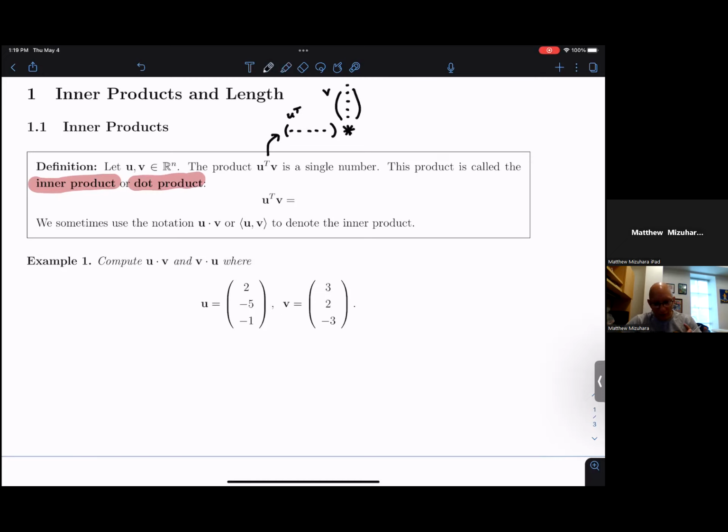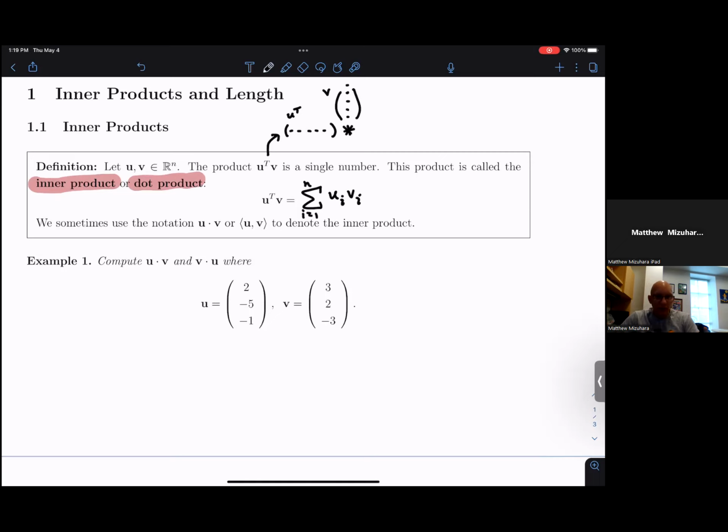So just writing down a formula for this, if my vector u is given by u1, u2, and so on, and v is v1, v2, and so on, then this inner product, this dot product, is the sum from i equals 1 to n of ui times vi.